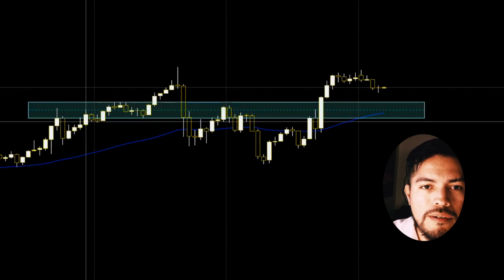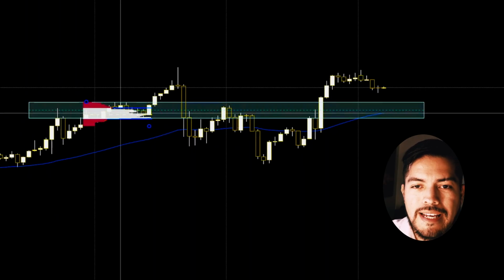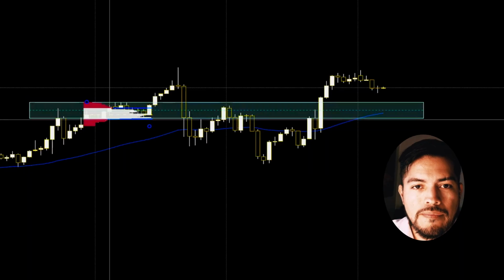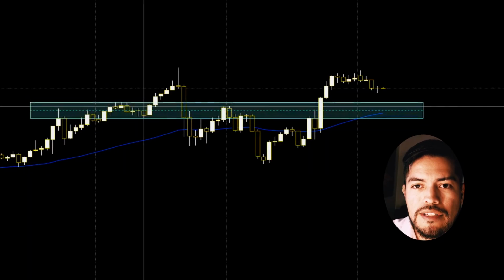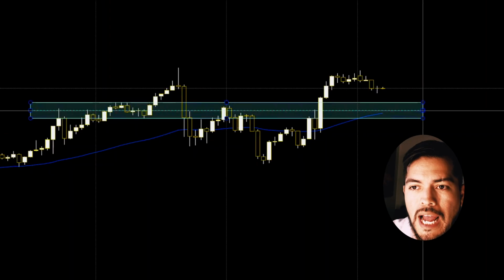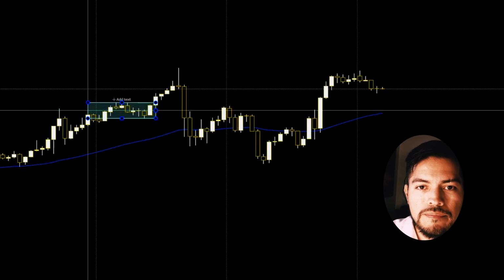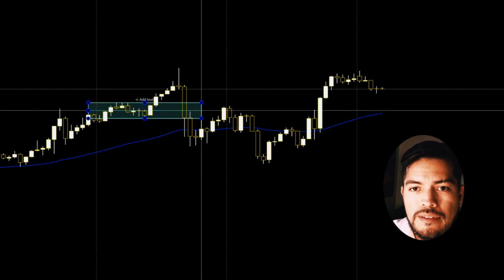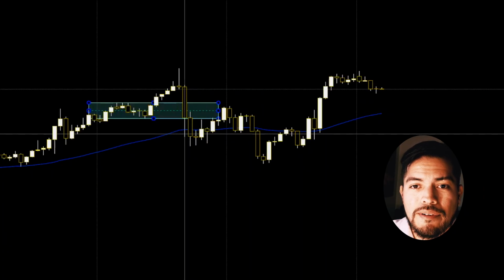And here you go. Go from here to here. Voila, there is a high volume node right there. A lot of people transacting, a lot of people defending this area so it doesn't go above it. What happens when it goes above this area or below this area? Let's use this one as an example. This high volume node or order block just got violated, annihilated right here, right?